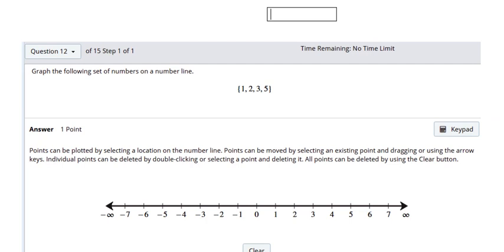Now, we did one like this already, but again, they're asking us to do it, so a 1, a 2, a 3, and a 5. And this is in roster notation. And we move it up a little.